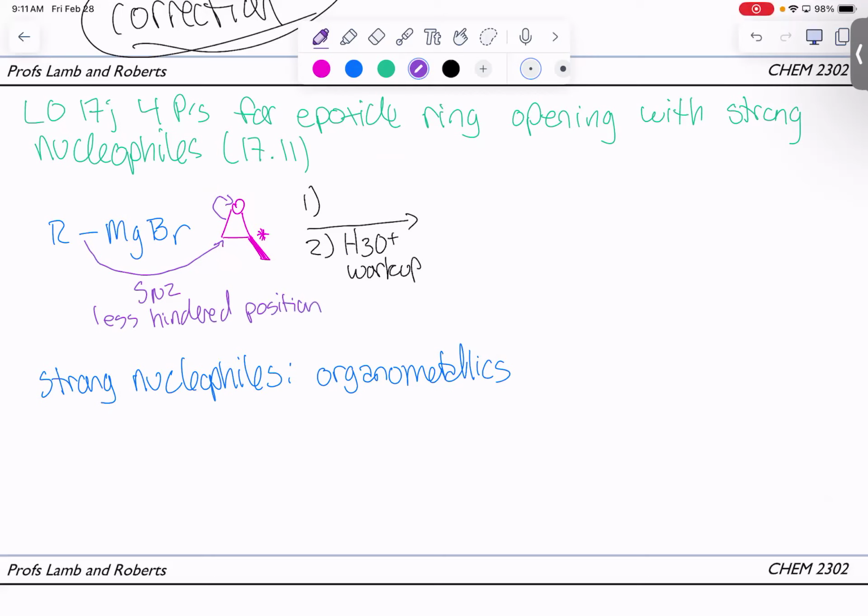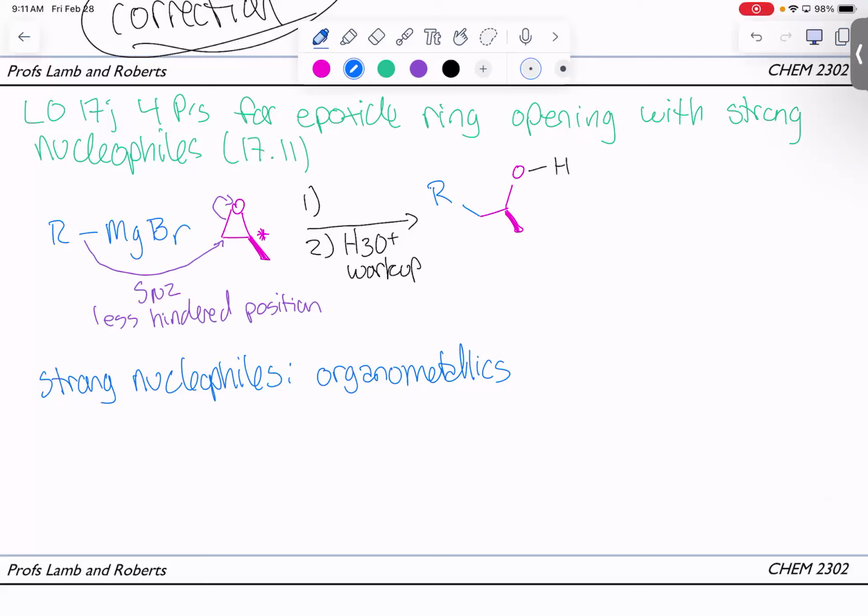Okay, so the product of this reaction is going to be, we're not going to change our stereocenter. We really haven't reacted at that position. We would have our H3O plus workup, so we'd protonate from that, and then we would have our R group that's now bound. So that's the bond that we've made, and the H3O plus workup is how we protonate.